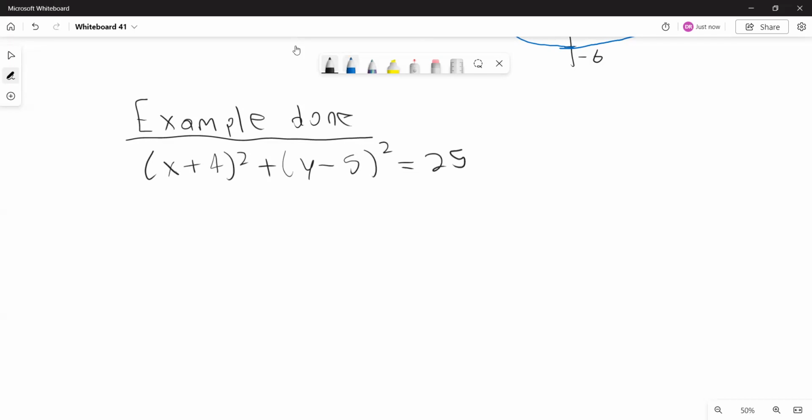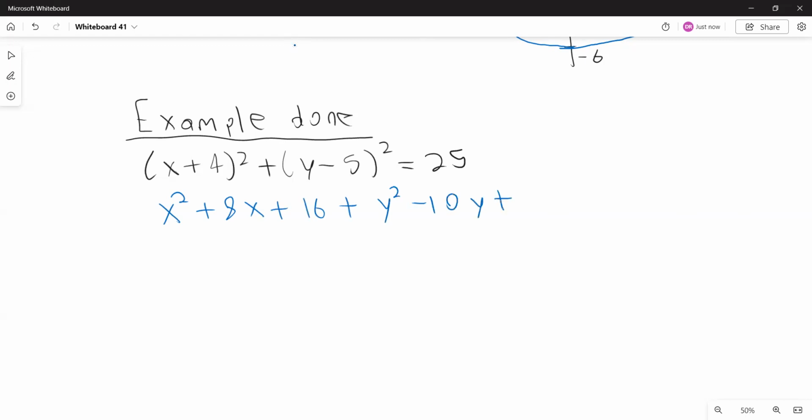So let's square the binomials. We have x squared plus 8x plus 16 plus y squared minus 10y plus 25 equals 25.